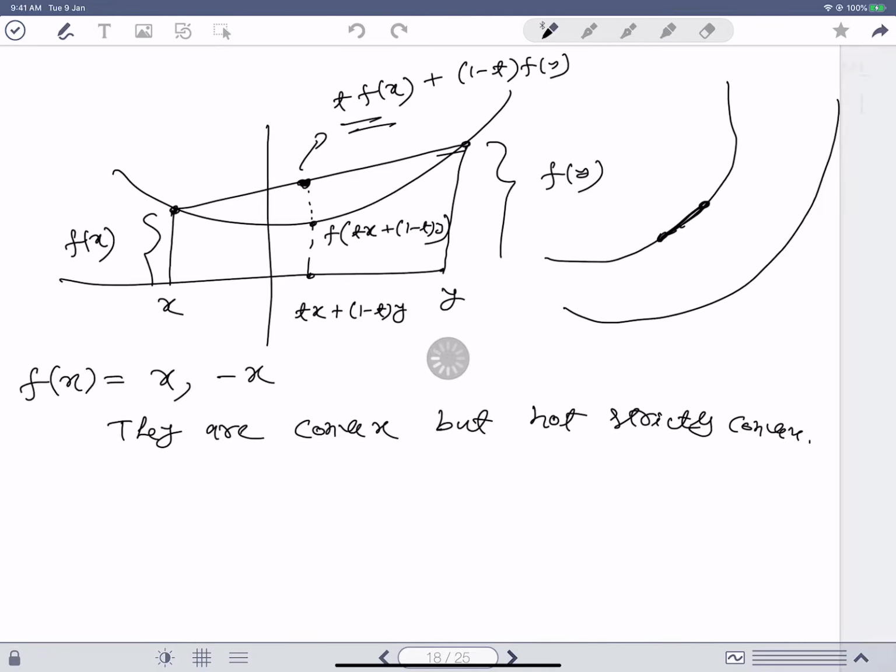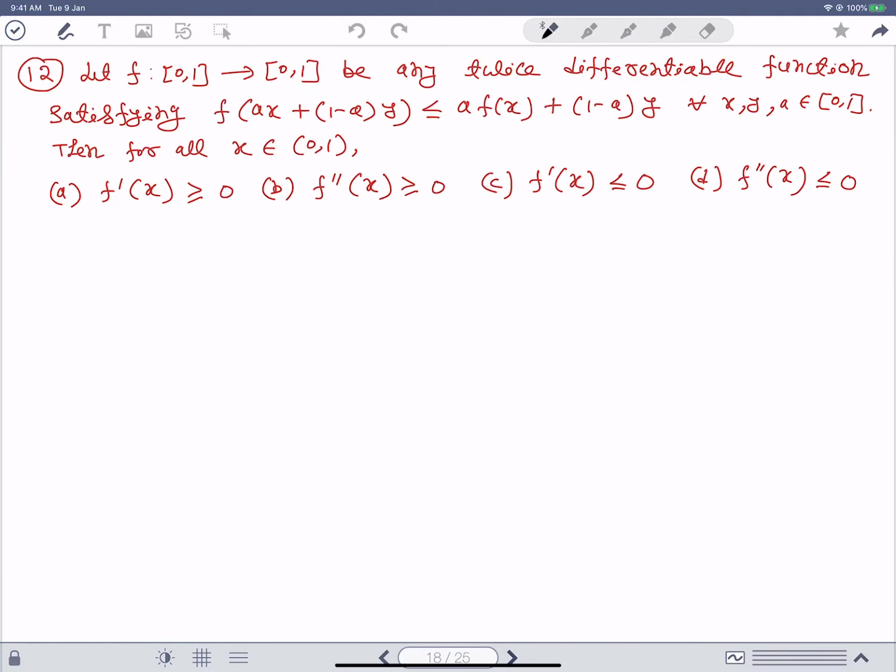Okay, so I have time, so I can move to the next problem. Now look at this one. Again, this is a problem from your NET question, I think. It says that f is a function from 0 1 to 0 1, it is a twice differentiable function and it satisfies this equation.